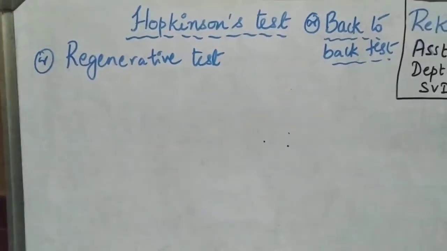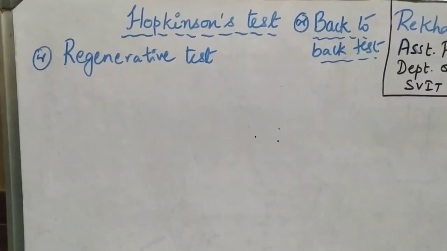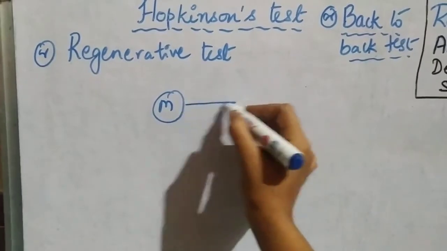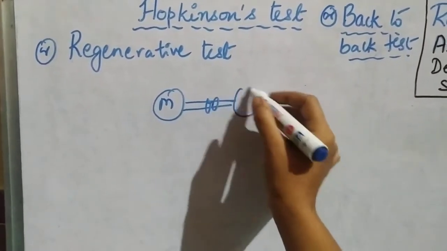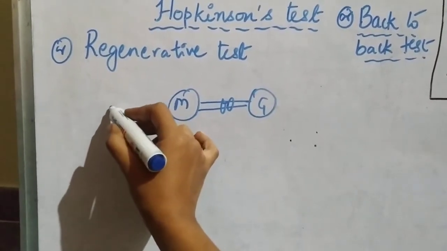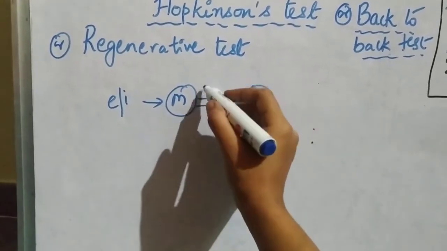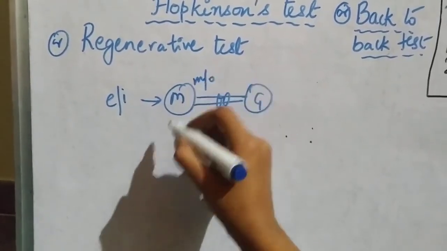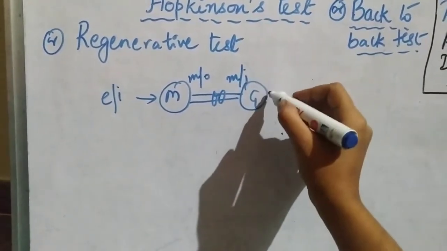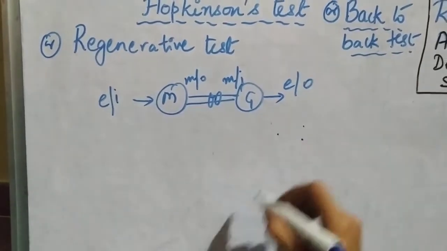As you know, the input of a motor is electrical and the output is mechanical. Here we connect the motor coupled with a generator, so the input to the generator is mechanical and the output is electrical.